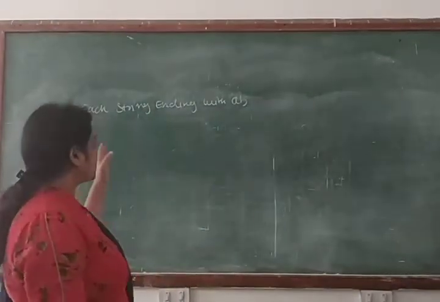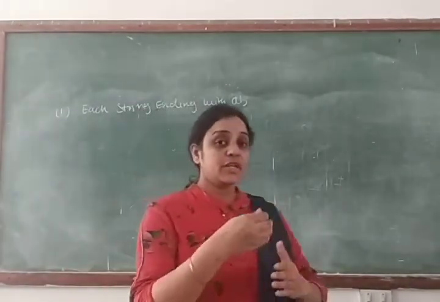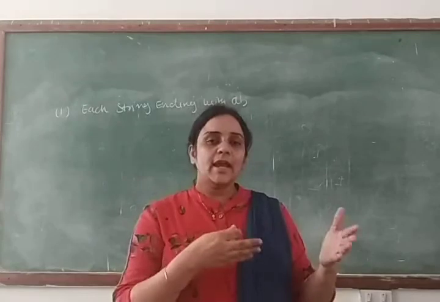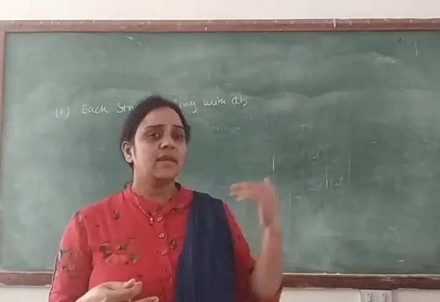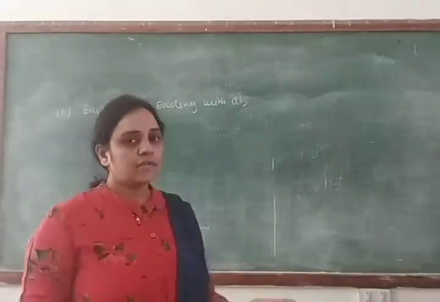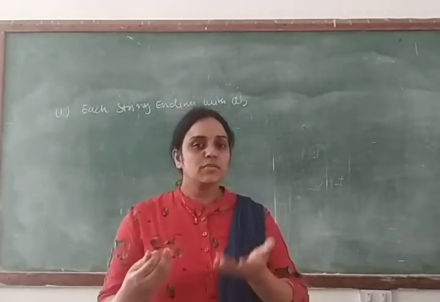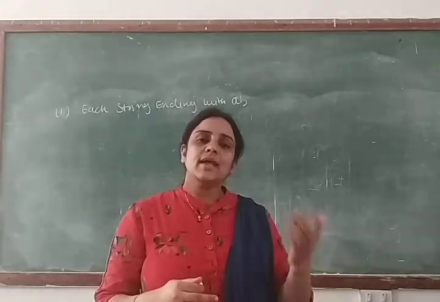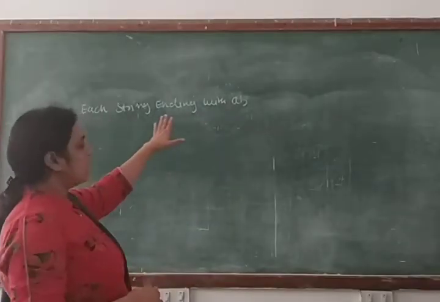You will not get a problem like that; you will get a problem in a specific manner, like construct a DFA machine where you have input symbols A and B and you make strings using them, and they give you some condition, like each string ending with AB. This can be one condition. It could also be each string starting with AB, or the starting two symbols should be the same and the last two symbols should be the same, or your DFA machine starts with a different symbol and ends with a different symbol. Like that, you can get any condition in your question. Clear? So now we will make a DFA machine for each string ending with AB.